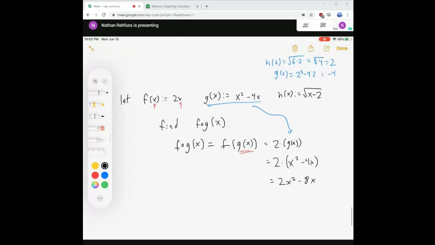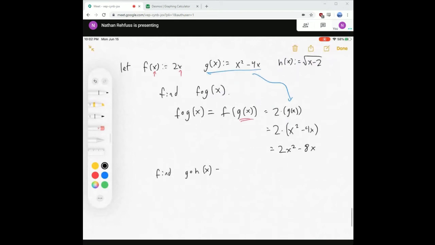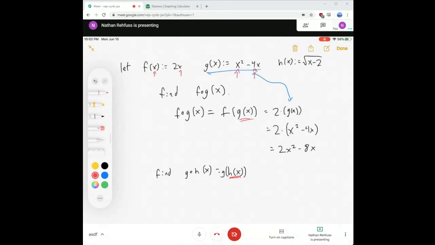Let's say our next problem is find g of h of x. So I'm going to take this h of x and plug it in to g. So it's going to go where each of these x's is, up here.